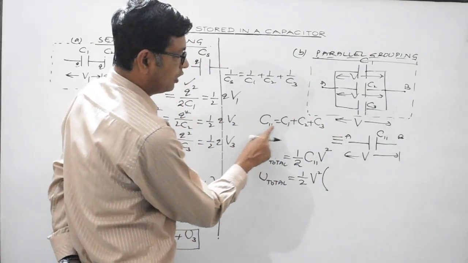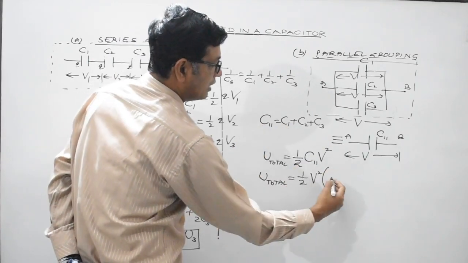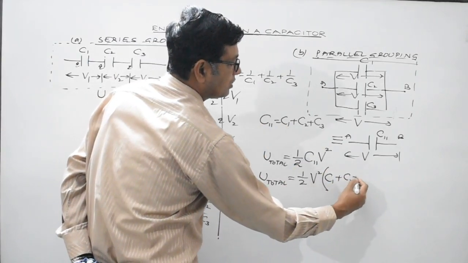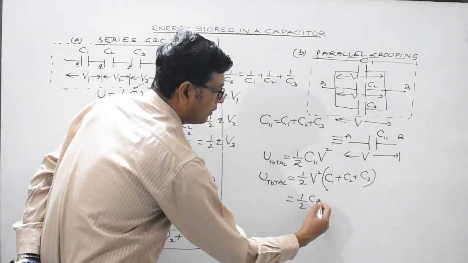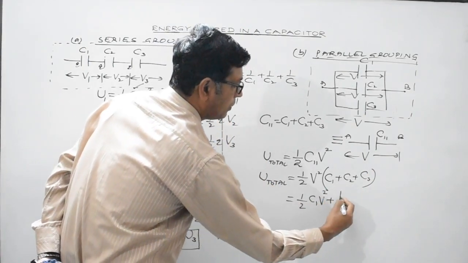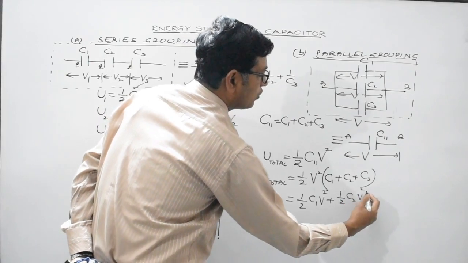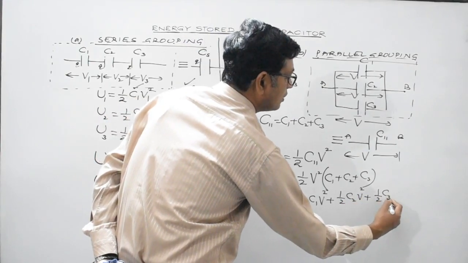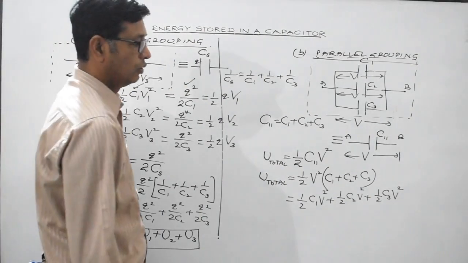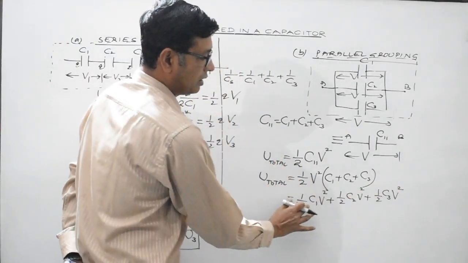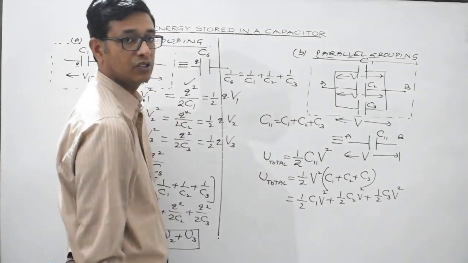So substituting this value of C parallel over here, we get C1 plus C2 plus C3. So what we get is half C1V square plus half C2V square plus half C3V square. So here V is constant and C1, C2, C3 are the capacitances.